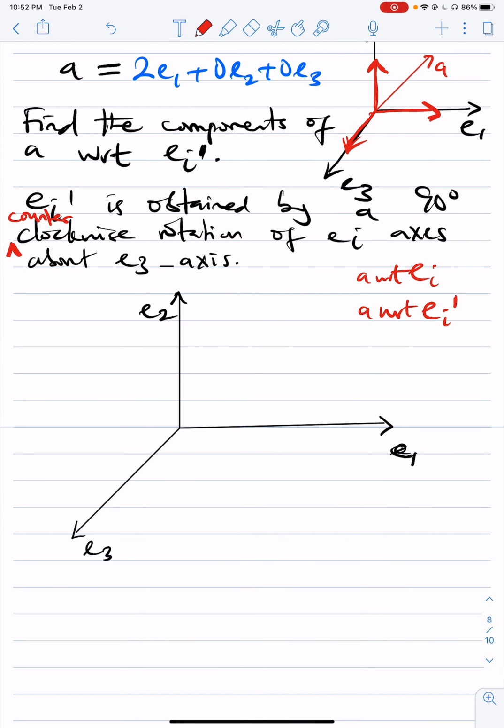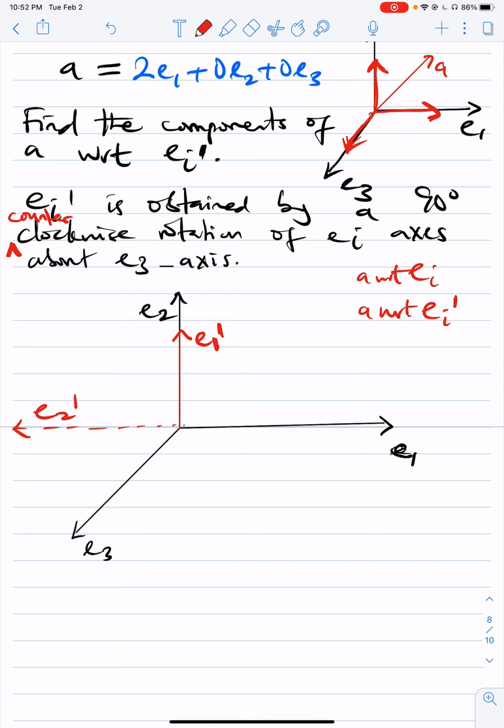So it says E1 rotated counterclockwise by 90 degrees. If you rotate E1 counterclockwise 90 degrees, E1 is going to fall on this, right? So E1 prime. If you rotate E2 here 90 degrees, E2 is going to fall here, E2 prime.